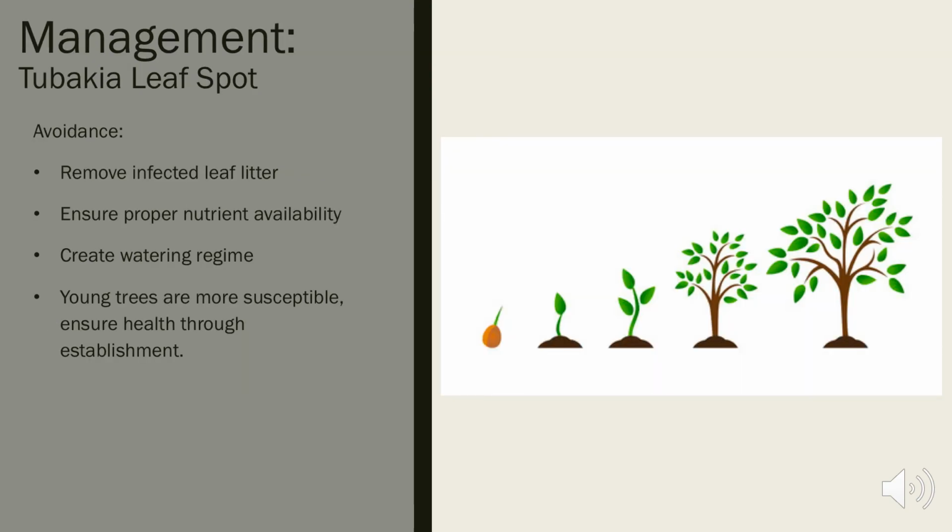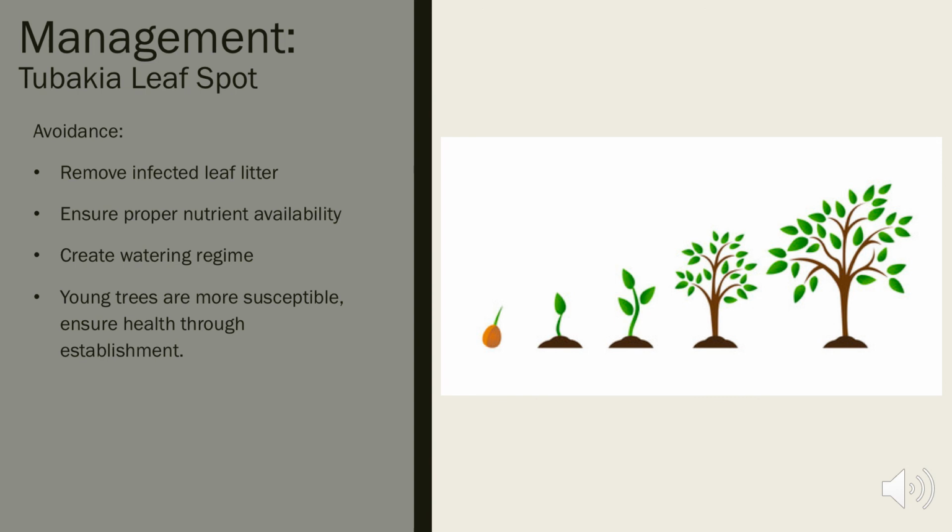For management, similar to powdery mildew, you want to be removing the infected leaf litter to reduce your inoculum. You want to ensure proper nutrient availability and create watering regimes, because trees that are stressed either due to drought or nutrient loss are highly susceptible.